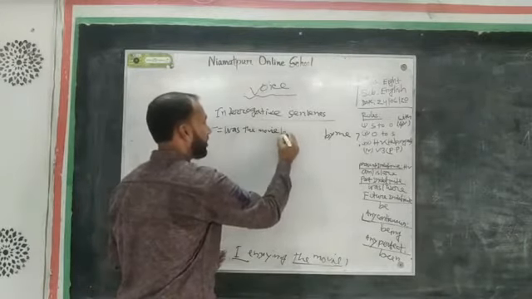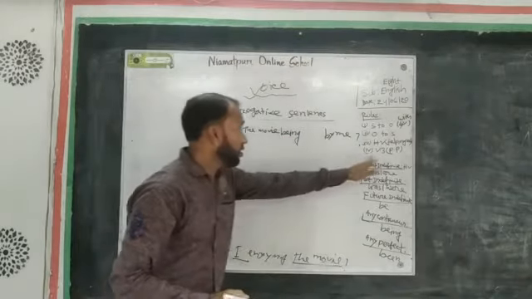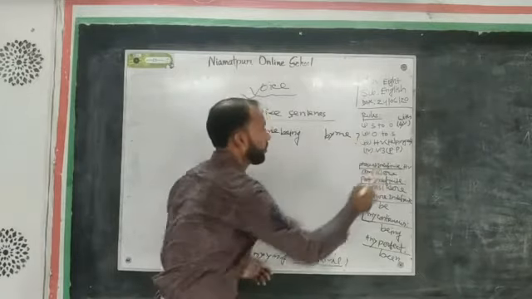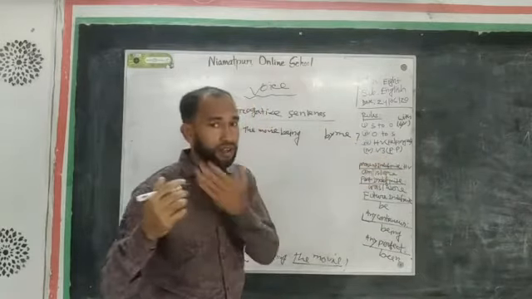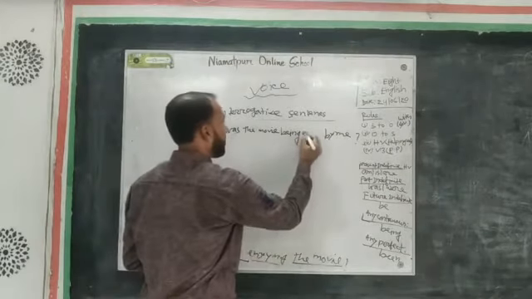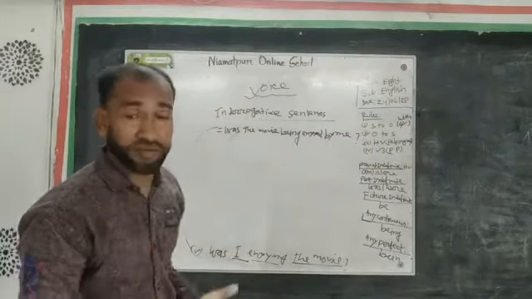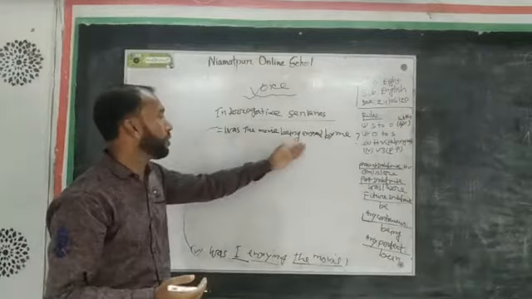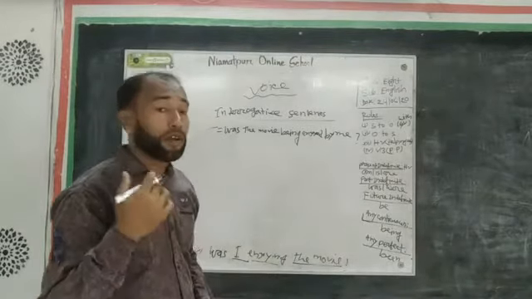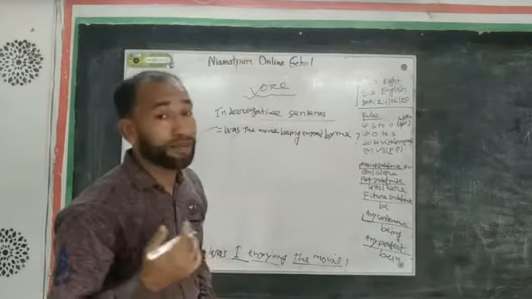Was the movie being, rule number 4, V3, that means the past participle, enjoyed. Was the movie being enjoyed by me? This is active to passive from interrogative sentences.